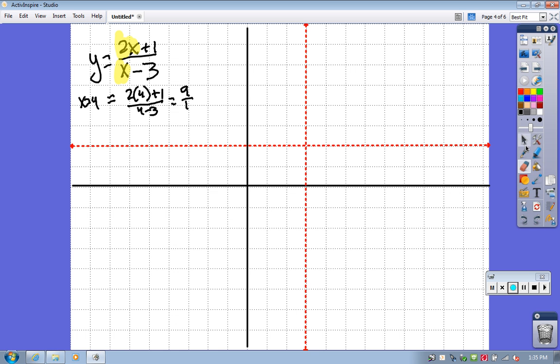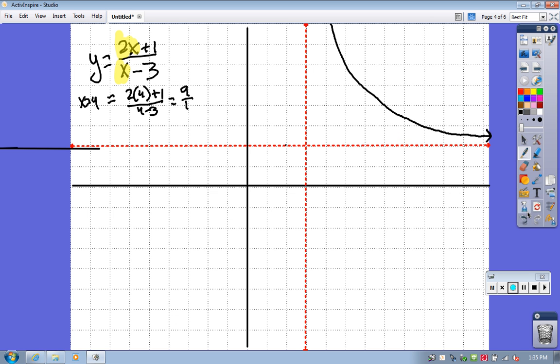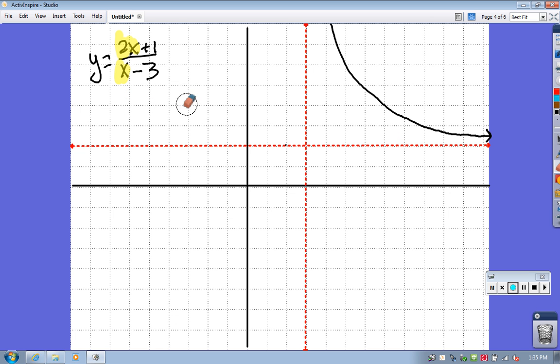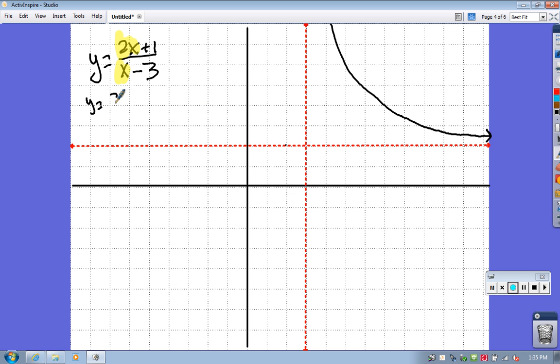So I'm not going to resketch the whole graph, but I know that it's going to be doing something like this. And then let's say that x is 2. So 2 times 2 plus 1 over 2 minus 3.